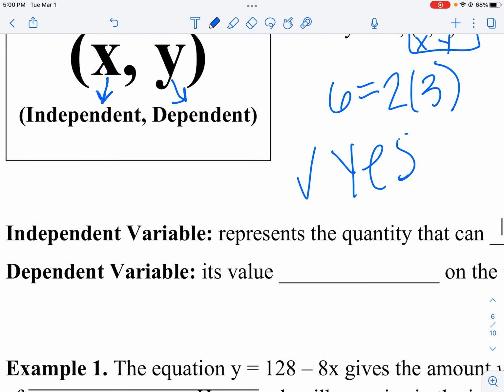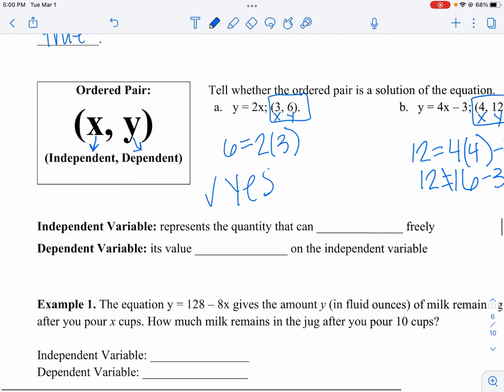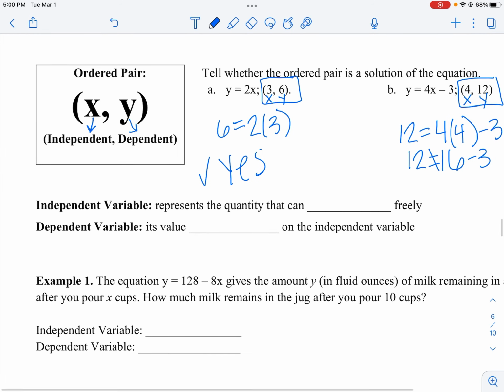Okay, so an independent variable represents the quantity that can change freely, and the dependent variable is its value depends on the independent variable. Okay, so our independent variable is x and our dependent variable is y, always.